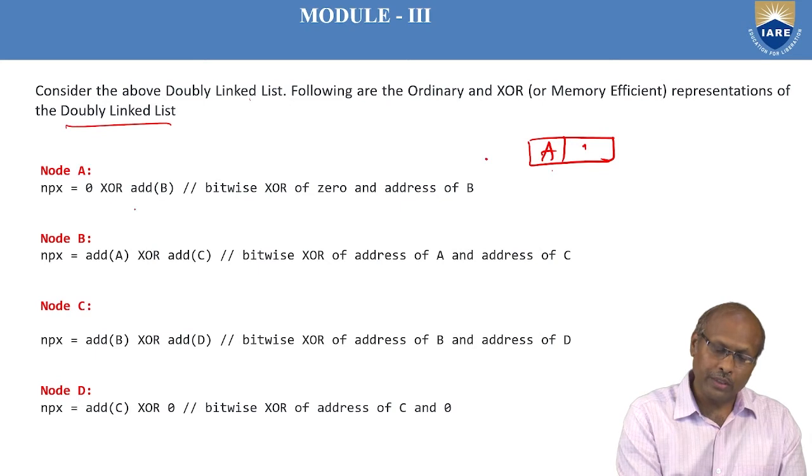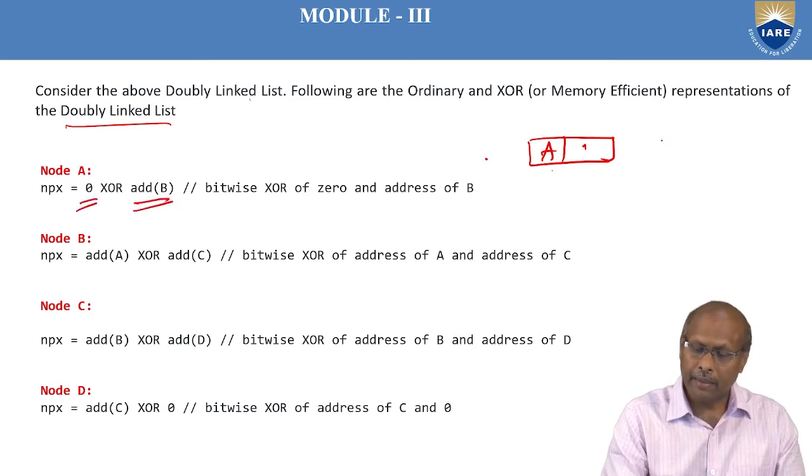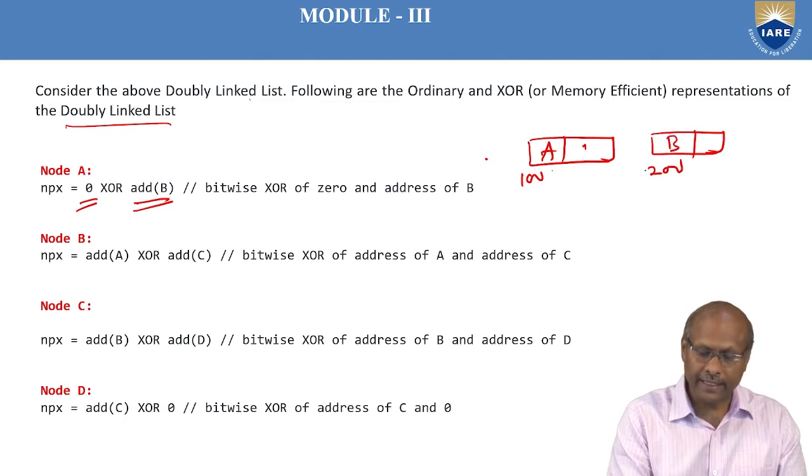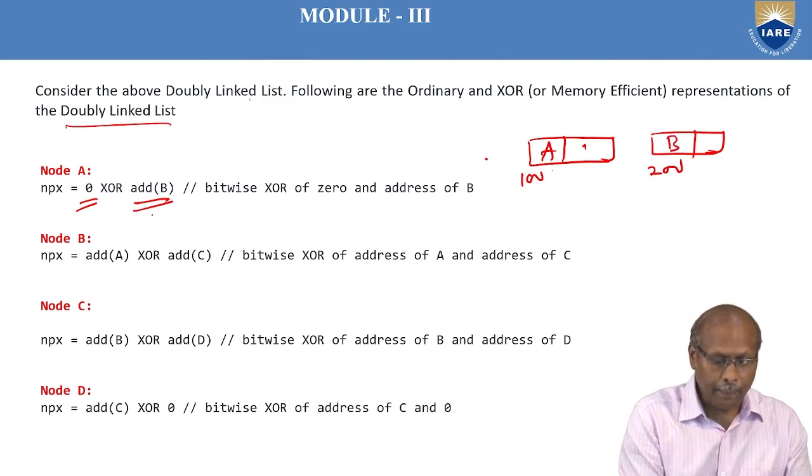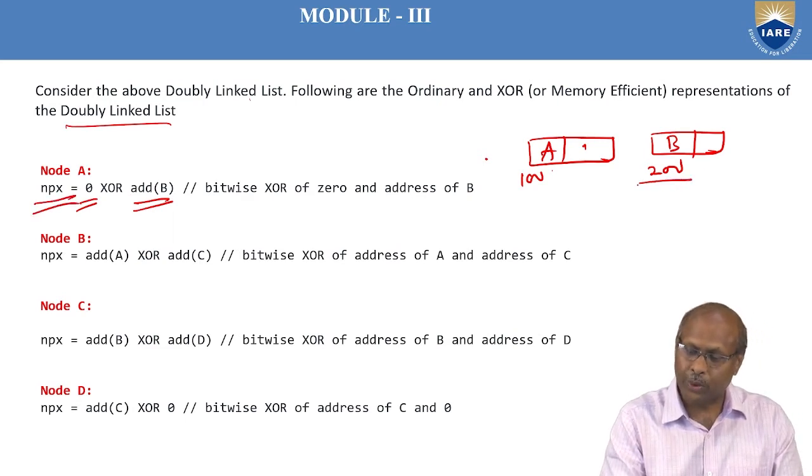So when there is no previous node, the address will be 0. So 0 XOR with the address of B. For every node there is an address. You take the address of B and apply XOR with 0, so that you get the next node's address. Automatically 200 will come.